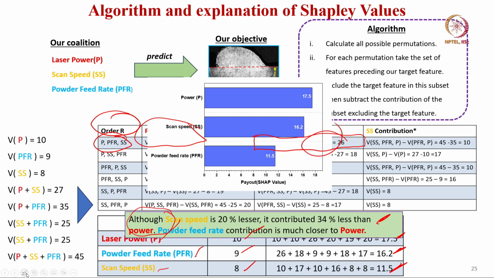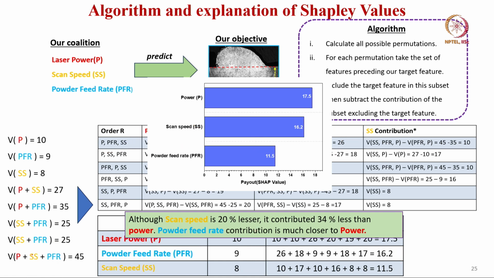So, although scan speed is 20% lesser than power, like 10 is the power and scan speed is 8, it contributed 34% less than power. And the powder feed rate contribution is much closer to power. From the values here, 10 versus 9, it is 10% lower, but the relative contribution of powder feed rate is very close to that of the power, although their difference in values is only 10%.